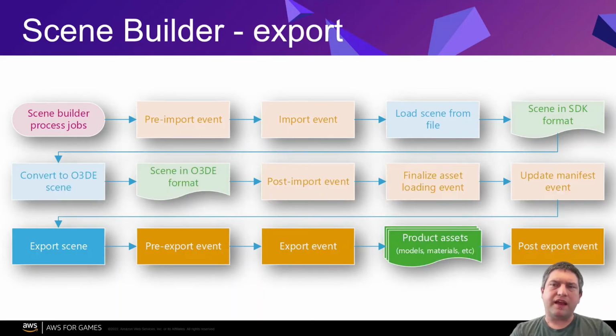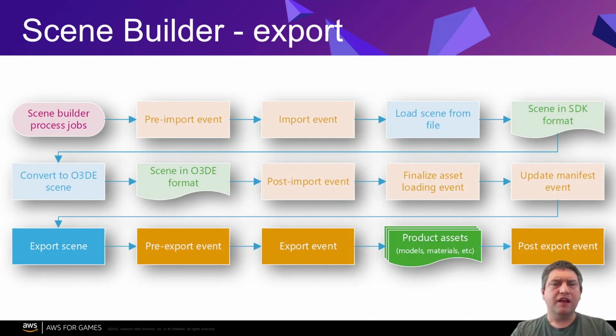And then finally, the export step. This is where the other listeners to these events can generate the product assets. So if you turned off the Atom gem, the physics gem, or the animation gem, you wouldn't get a lot of product assets, if any, because the work of creating them is done in those other modules responding to these events.